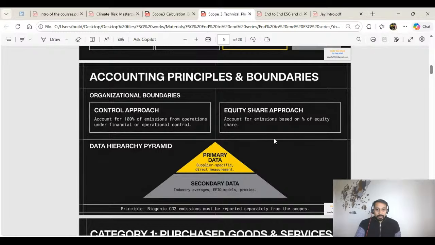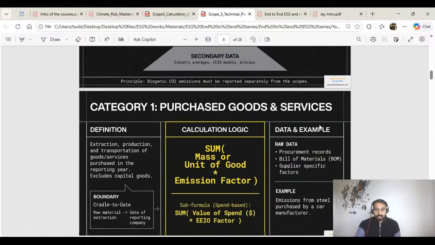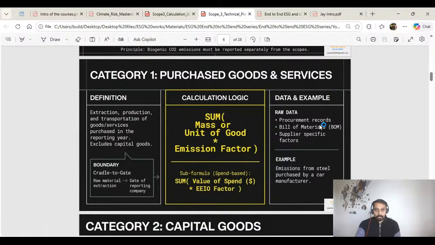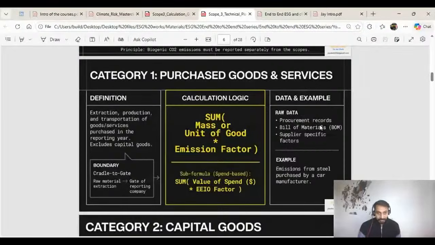Next, we are moving into the categories. Let's start with the first category, purchased goods and services. You have to understand all the categories very carefully. It is very easy to understand. Purchased goods and services for your products and services are part of scope 3 emissions.